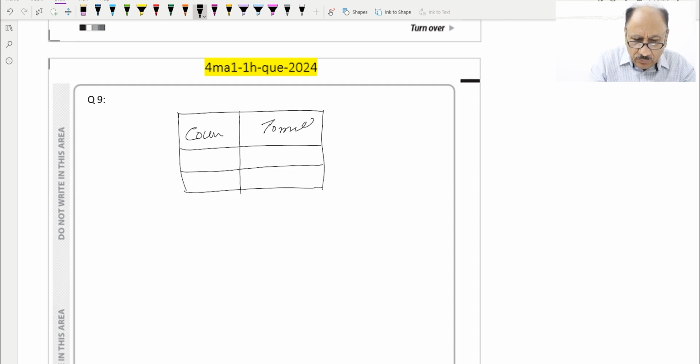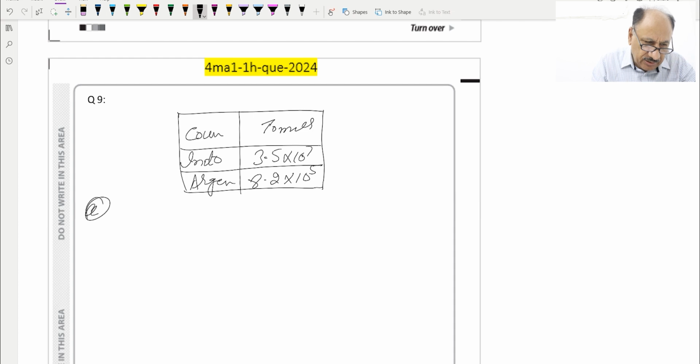This one is Indonesia and Argentina. So this will be 3.5 into 10 raised to 7, and this is 8.2 into 10 raised to the power 5. These numbers are given.